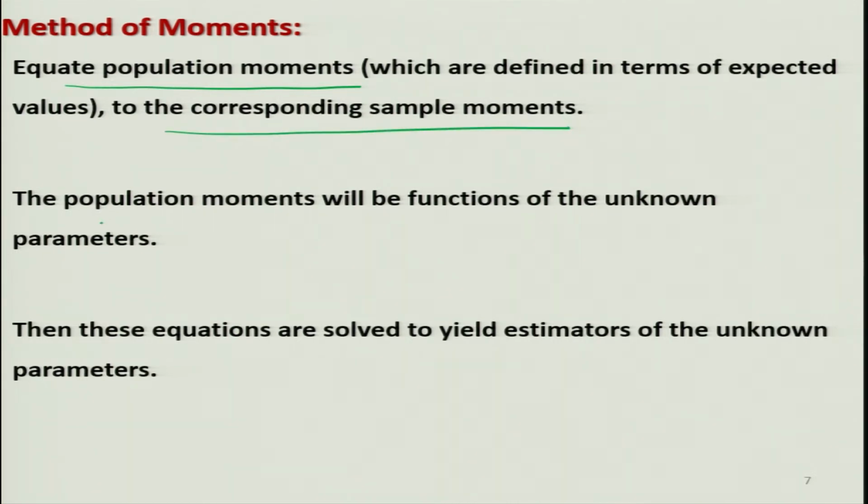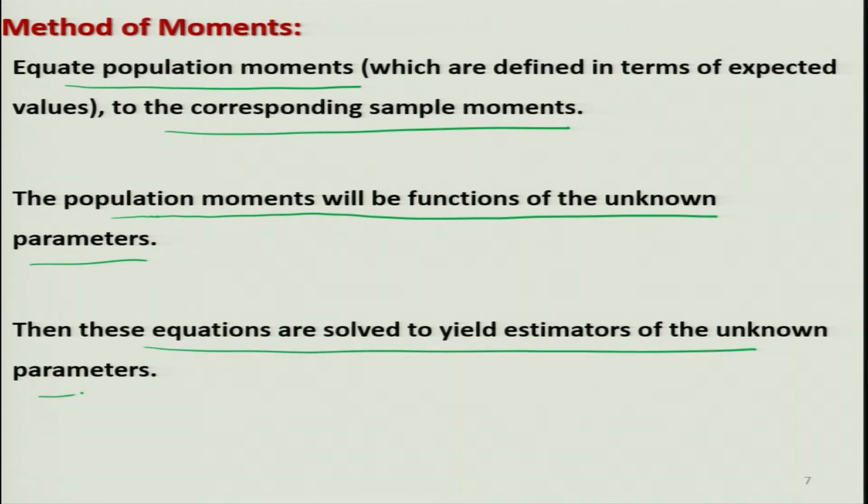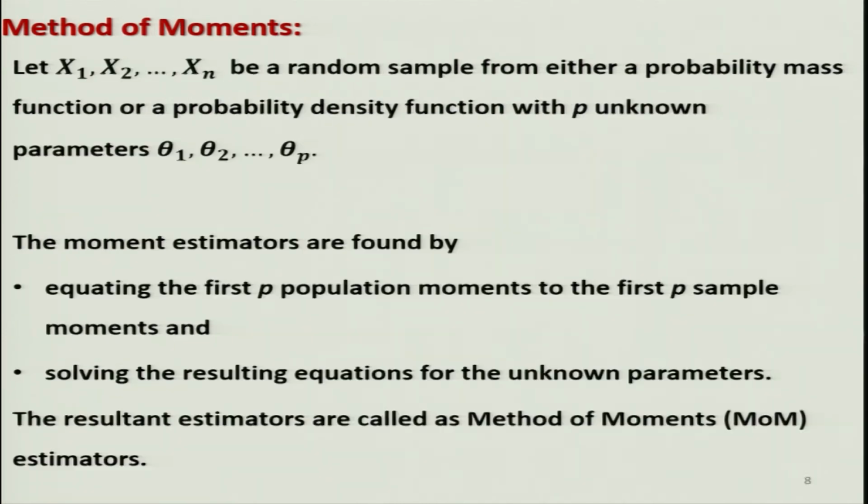The population moments are defined in terms of expected value, and they are going to be functions of some unknown parameters. Then we are going to have such equations, we try to solve those equations, and they will yield the estimators of those unknown parameters, and they are called method of moments estimators.